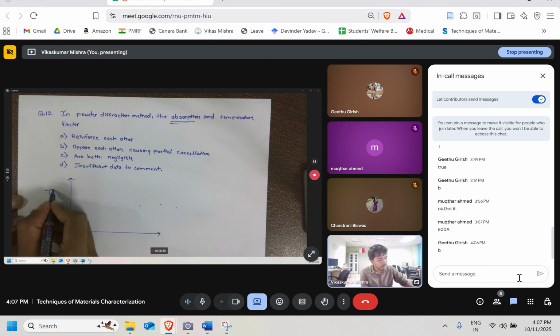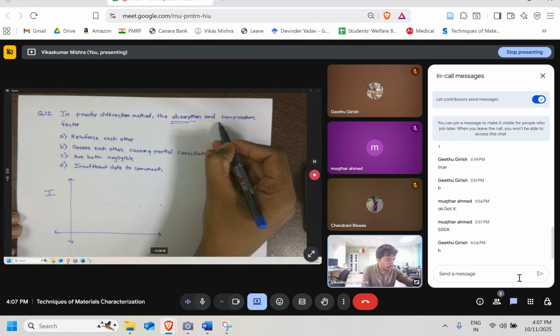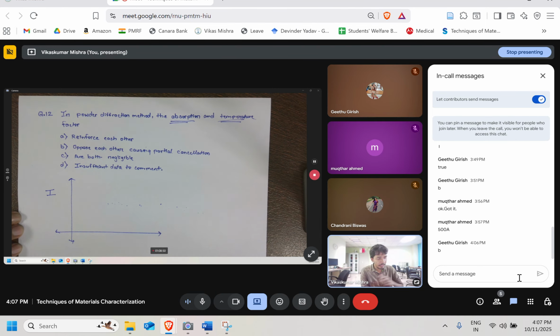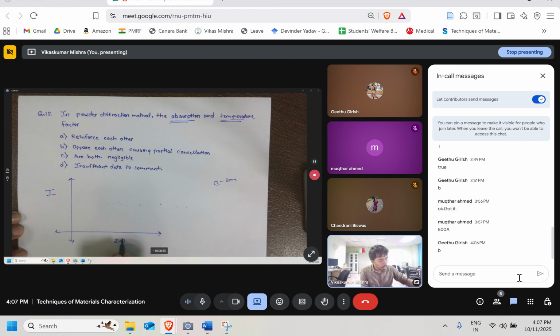Let's talk about how the intensity is going to be affected. At certain high temperature, let's say we are also incorporating the temperature effect. So what was the temperature effect? E to the power of minus 2M. On the axis, we have 2 theta. We can see that the intensity will go something like this.